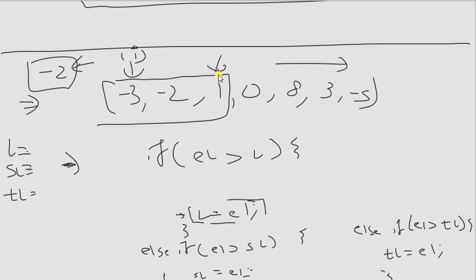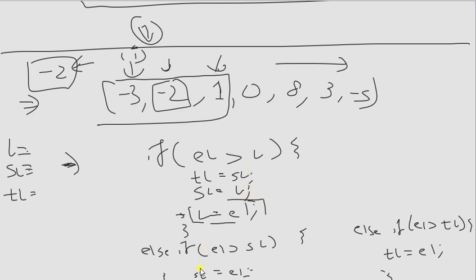My largest has become 1. Then this -2, which was previously the largest, has now become the second largest value. So my second largest value has now become the largest value that I have. The third largest value that I had previously is going to be of no use now, and the third largest value is the second largest value that we previously had.